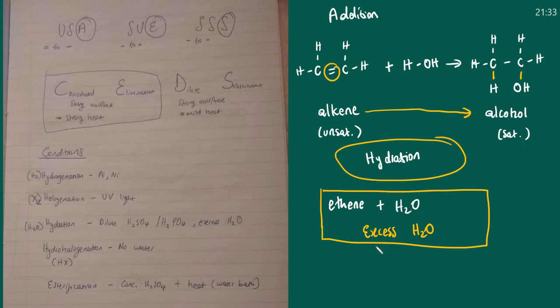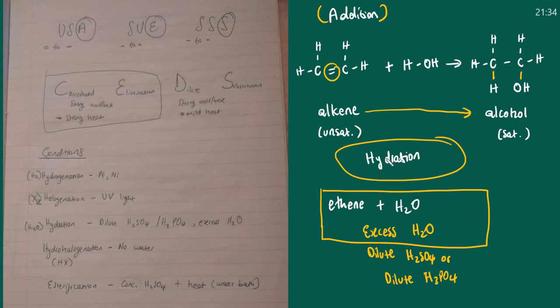Or you can say you need maybe a dilute sulfuric acid, right? Having a dilute sulfuric acid or a dilute phosphoric acid, that can very much well assist, right? So that type of reaction there is an addition, and then the type of addition is hydration. Okay, then you form alcohol.